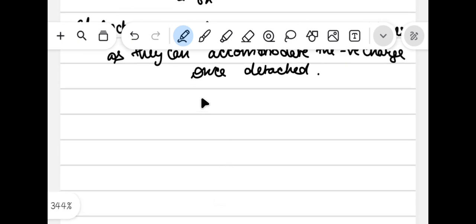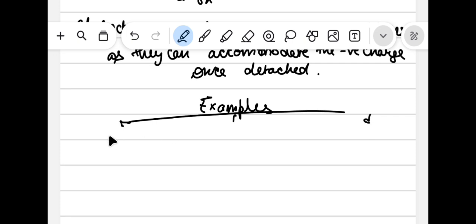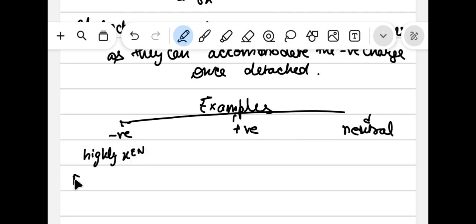Examples: there are three types of classification: first negative, then positive, and the last is neutral. For negative, we know highly electronegative elements like fluorine, chlorine, bromine.